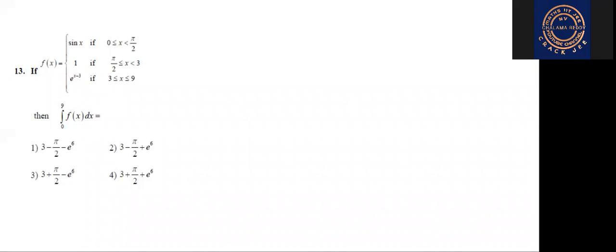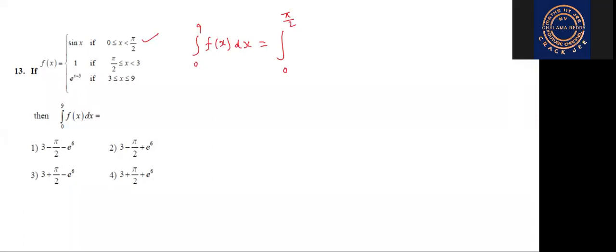f of x is equal to sin x is given in the range 0 to pi by 2, 1 is given for pi by 2 to 3, and e power x minus 3 is given for 3 to 9. But see the question: integration from 0 to 9 of f of x. So by observing the f of x function, we have to take the limits. Now the first function, see that 0 to pi by 2.